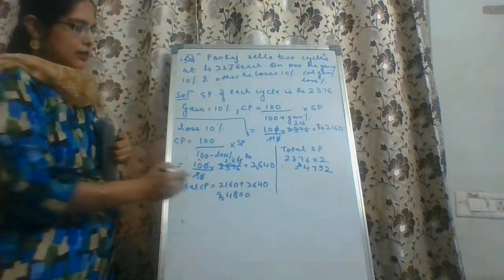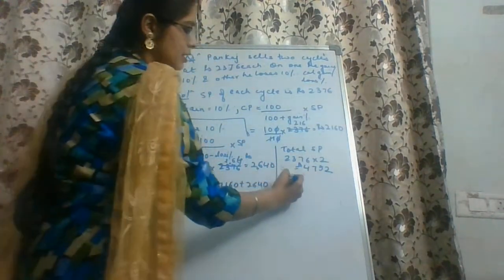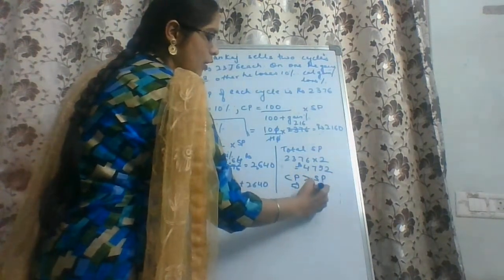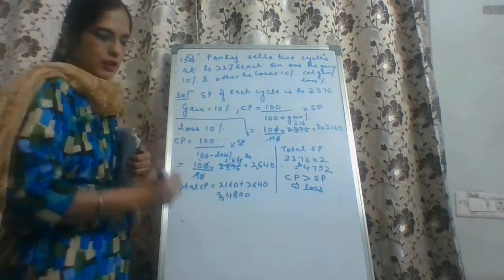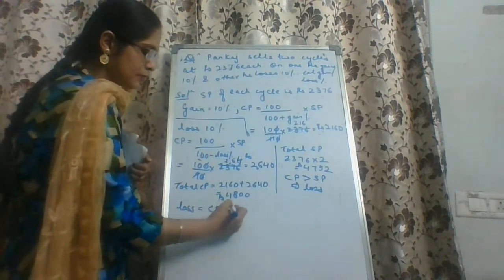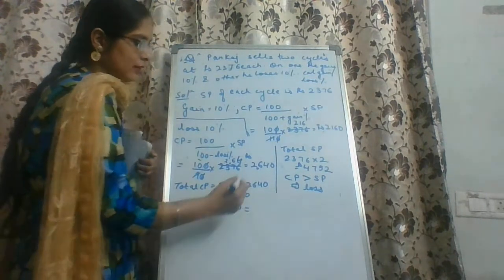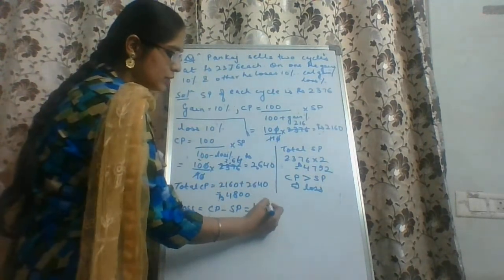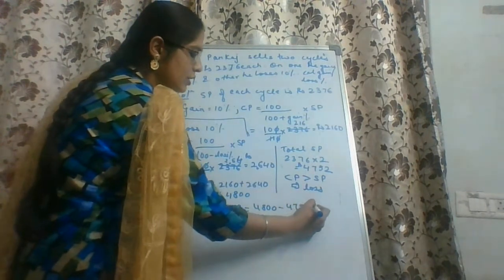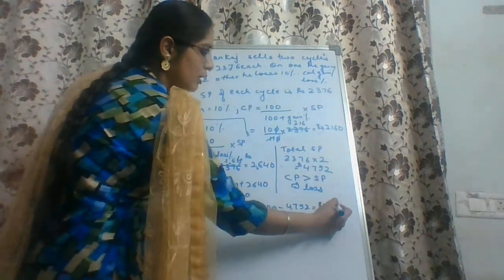We can see that cost price is greater than selling price. That implies loss. Loss is equal to CP minus SP. 4800 minus 4752 is equal to rupees 48.